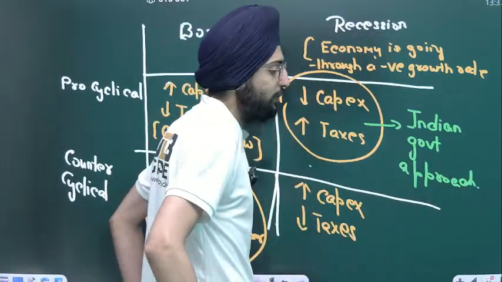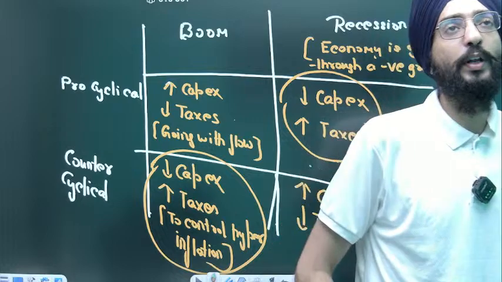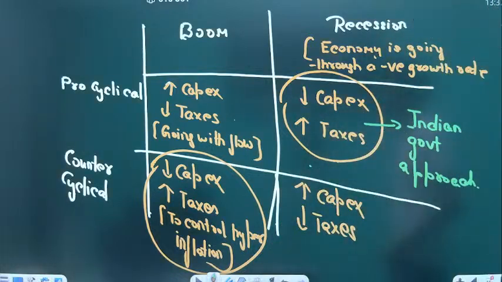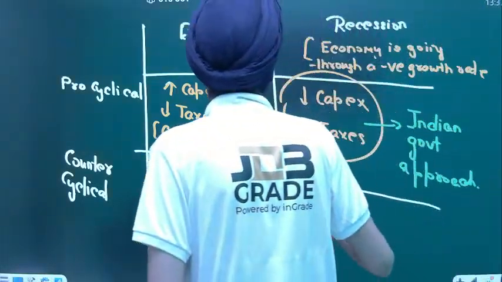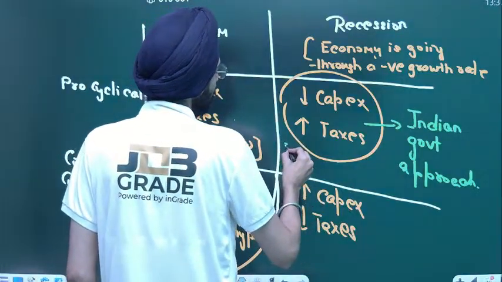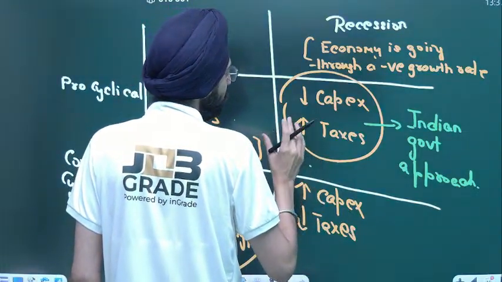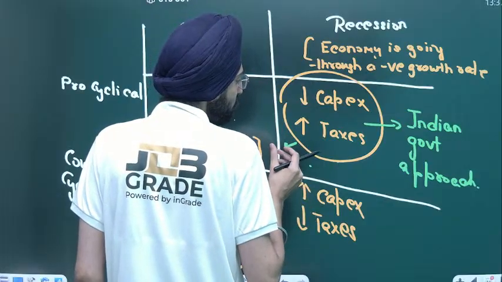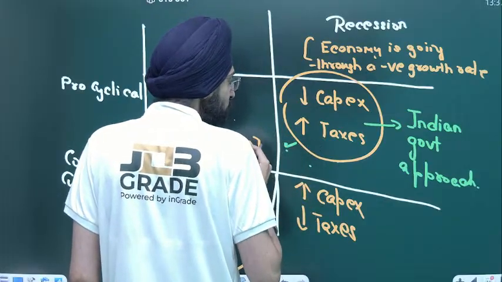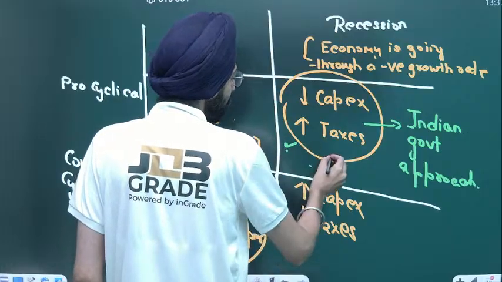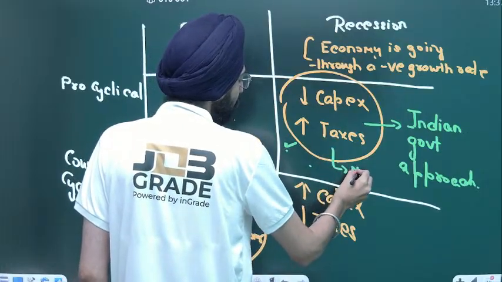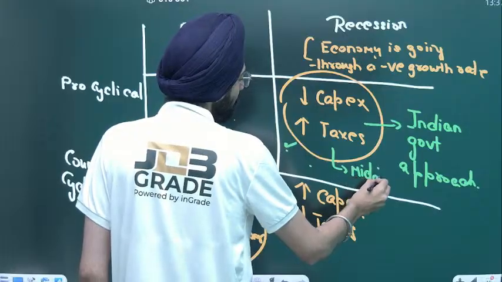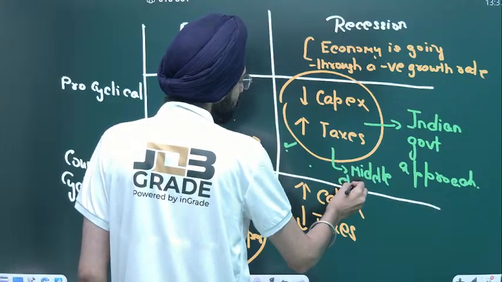And sir, from here we can move on to the next topic called inequality. Because if the government adopts this approach during a recession period, it's going to increase a lot of inequality, because the burden of taxes was and will be borne by the middle class, the salaried persons.